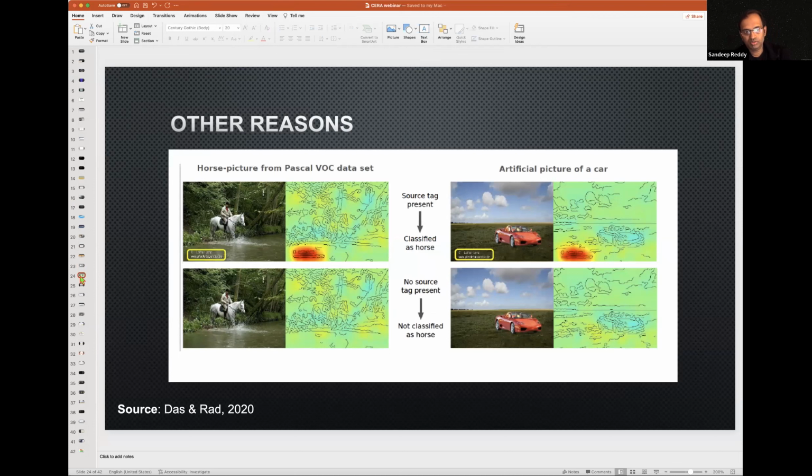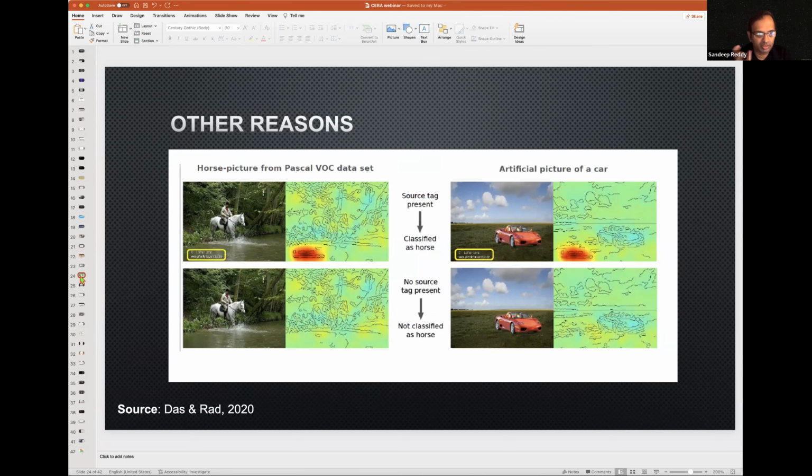So this is another instance sort of picking up on that. On the left-hand side, you can see on the top, a machine learning model is trying to detect a horse, and the images that are used to train the machine learning model had a source label or a source tag present. And once that source tag was removed, the machine learning model was unable to detect the horse.